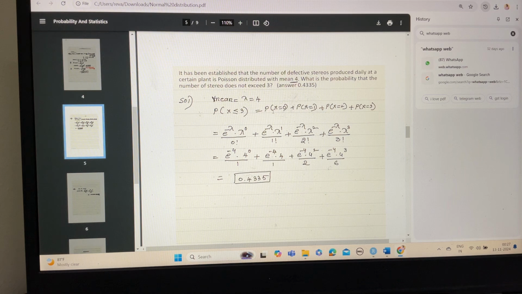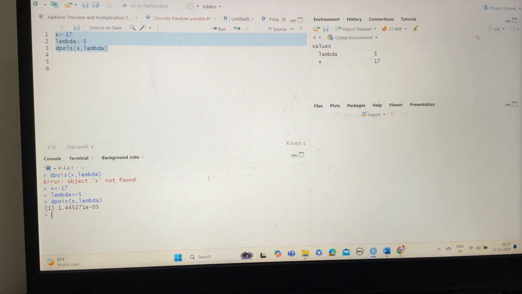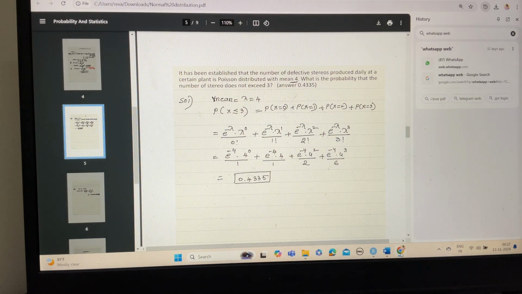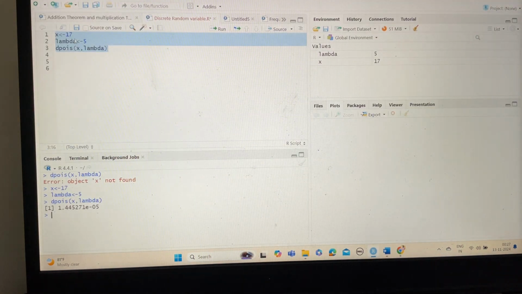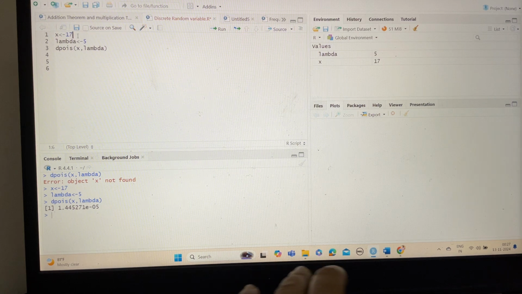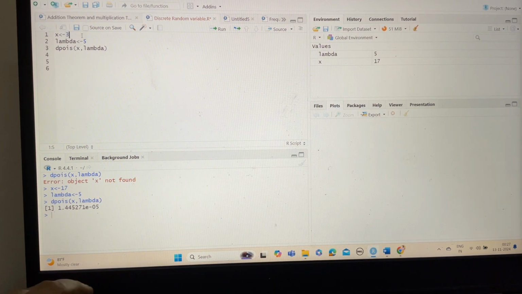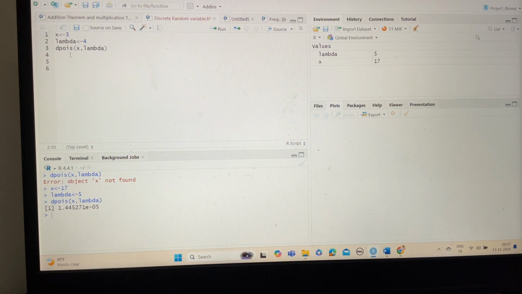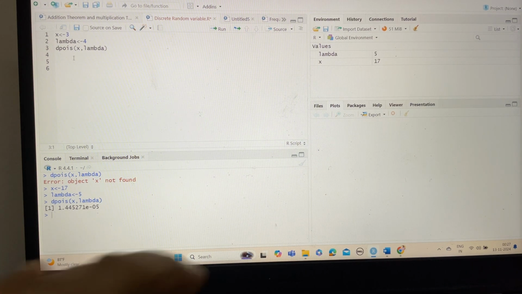So now what is this value? When you do it manually, you have to do all these and add up. But when it is an at most value, then what is the R code for this? Lambda is 4 and x is 3. Lambda is 4 and it is at most.